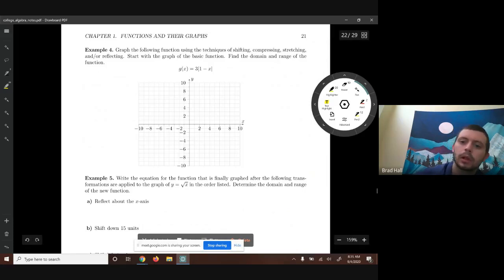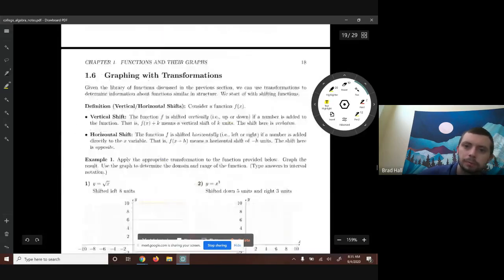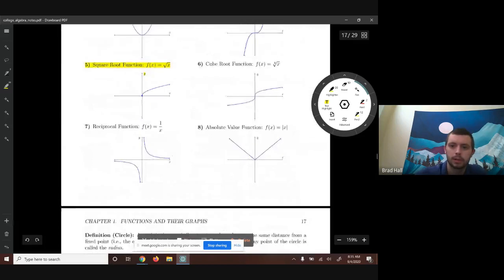So let's figure out what the absolute value shape looks like, which we really don't talk about too often, which is another reason why I just want us to get past this one. It's this V shape.